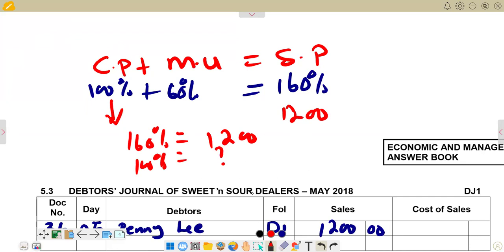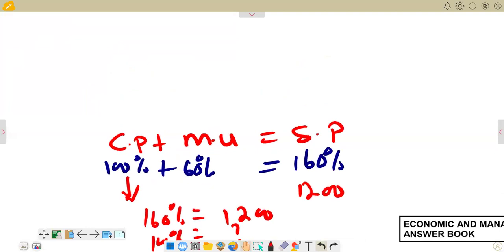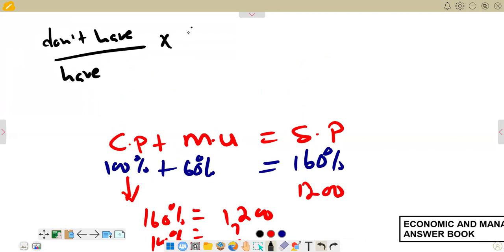So how can we make the proportion? Let's just use a formula by saying what you don't have over what you have, and then you multiply by the given figure.